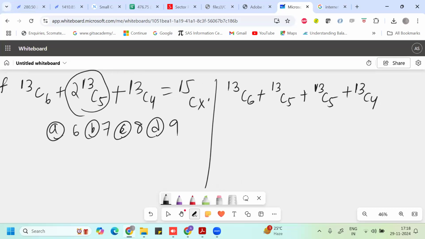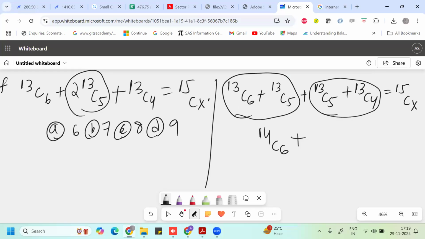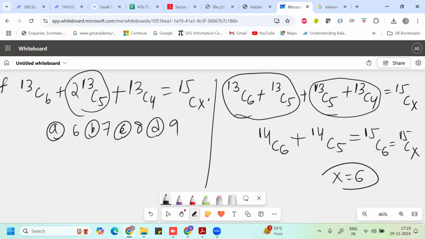That is equal to 15CX. So this means 14C6, and this is 14C5. Now, 14C5 plus 14C6 is equal to 15C6, and that is equal to 15CX. X is equal to 6.